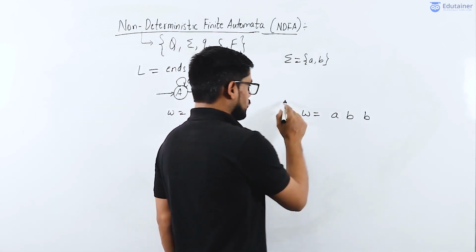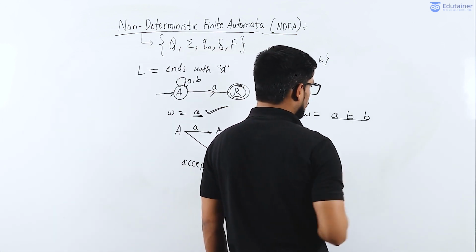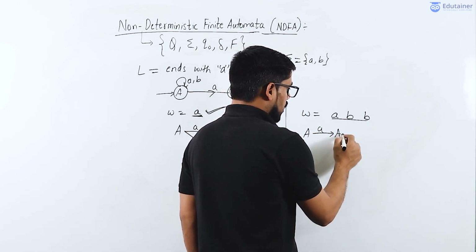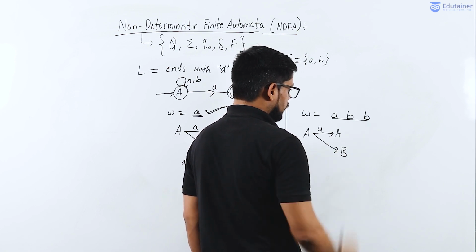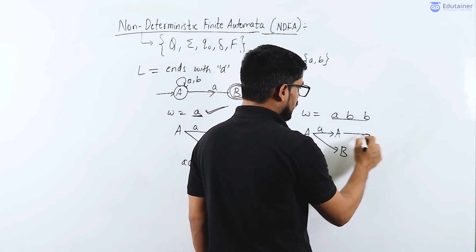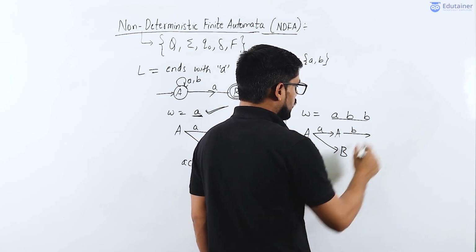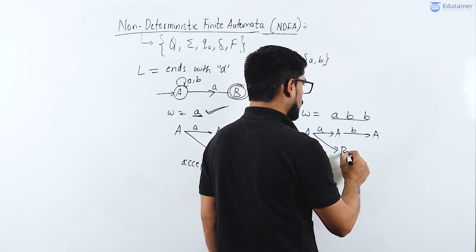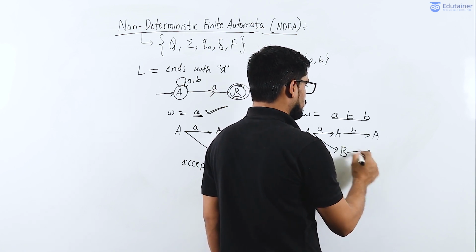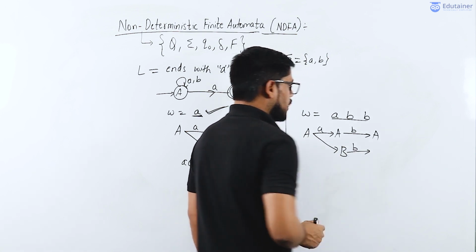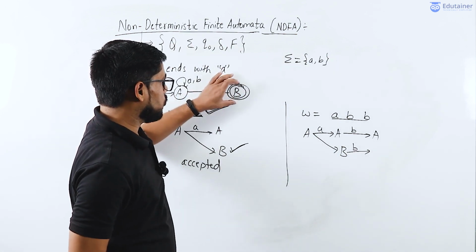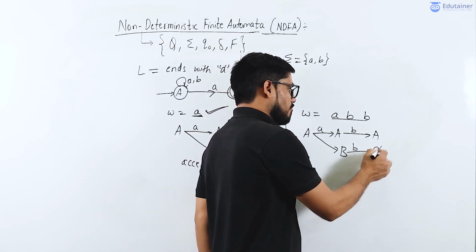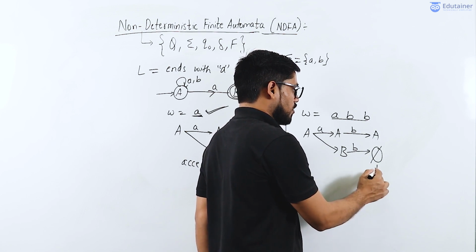On the other side, if you take the string A B B, capital A on small a will go to capital A and capital B. Now on capital A, if you see B, you remain in capital A itself, and capital B does not have any move for the input alphabet A and B. So here I will use a special symbol phi, which denotes the dead configuration.